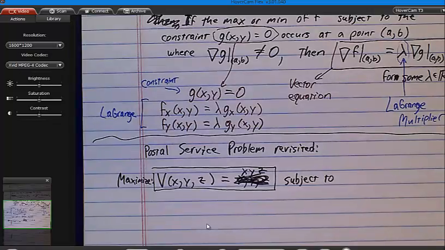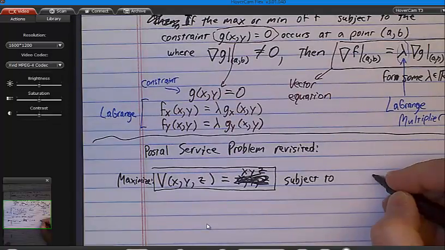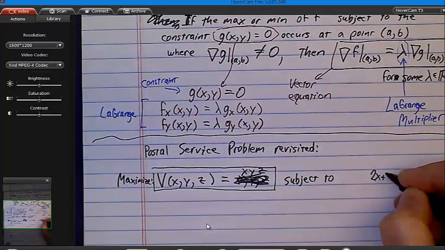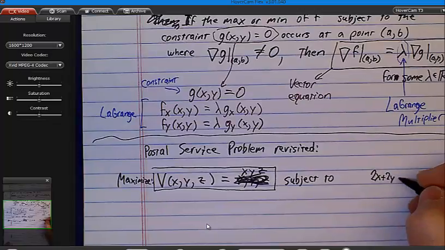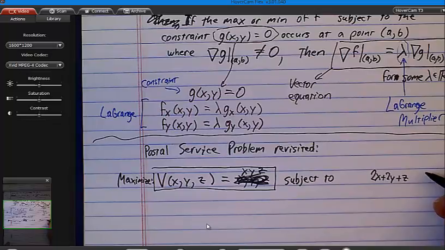So how did we write the constraint last time? Well, last time 2x plus 2y plus z had to equal what? Okay, let me write it this way. Minus 84 has to equal 0.